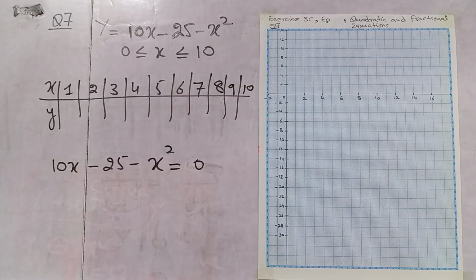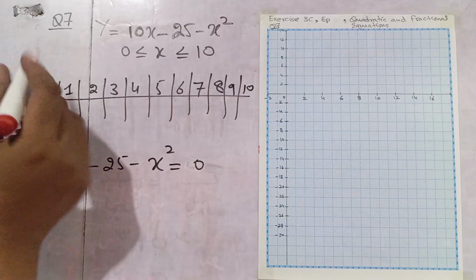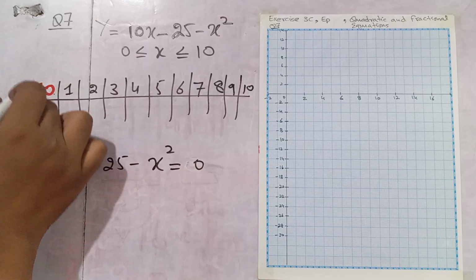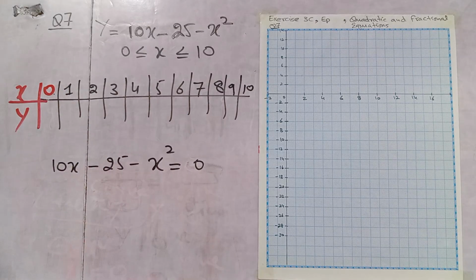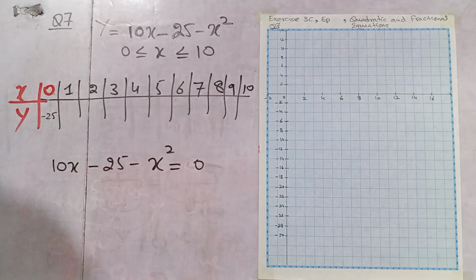Okay, so let me take the first value here. Let me take here the 0. So here is the x, here is the y. So when you will enter 0 in this equation, you will be left with only minus 25. Okay, so minus 25.